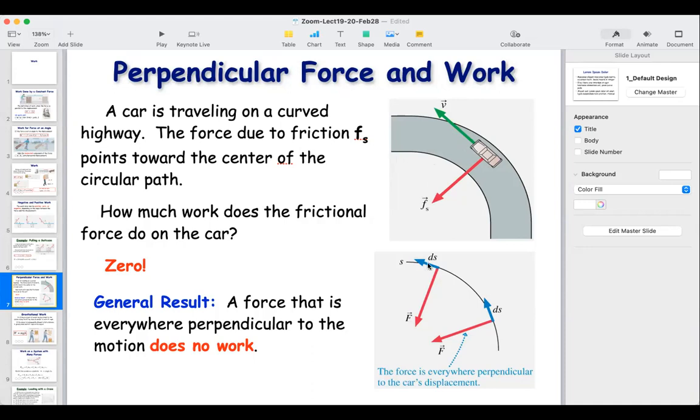So no matter where you consider this, the force is always perpendicular to the displacement. So in this case, therefore, the work is 0. So a force that is everywhere perpendicular to the motion does not do work, okay? I hope it's more clear for you.